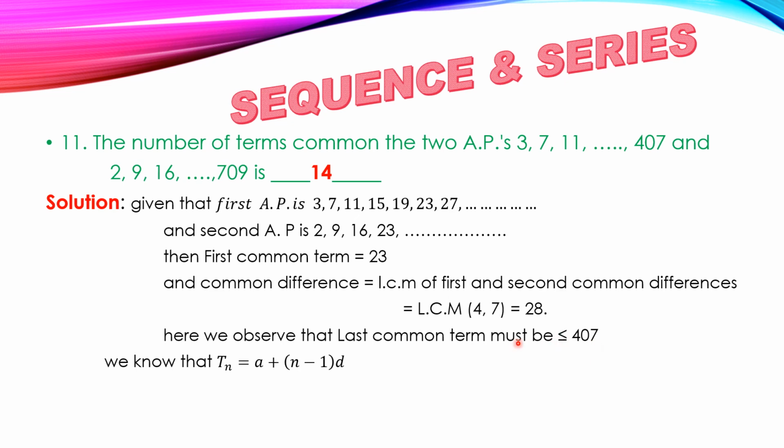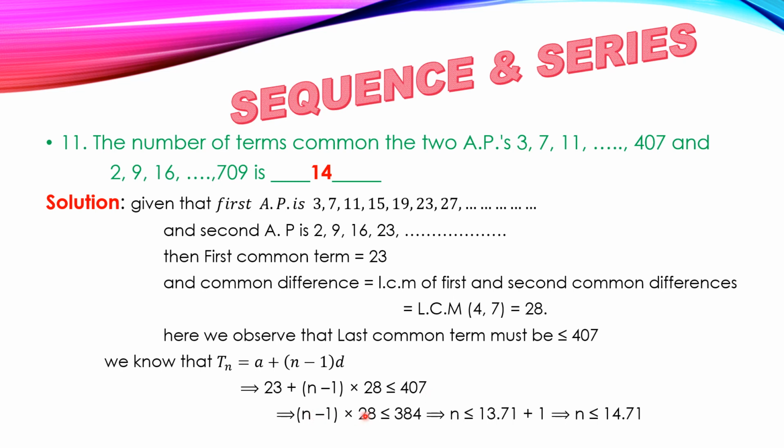Now we find the nth term, the formula is Tn equals a plus n minus 1 into d. So the nth term must be less than or equal to 407. Now we write the first term and common difference in this formula. 23 plus n minus 1 into 28 is less than or equal to 407.